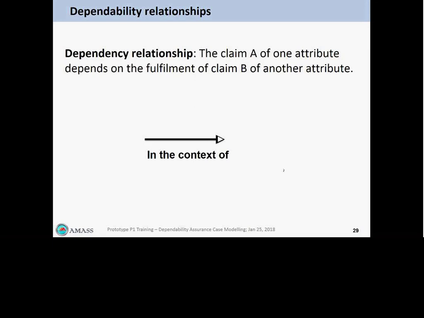So claim A will not be true if claim B is not fulfilled. That's why we usually do it in the context of. So even though I support claim A, it will never be okay if claim B is not true at the same time. So this is an arrow that we had before, but this is a way to make it.